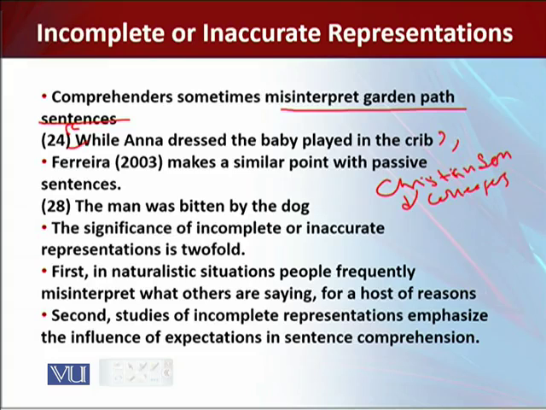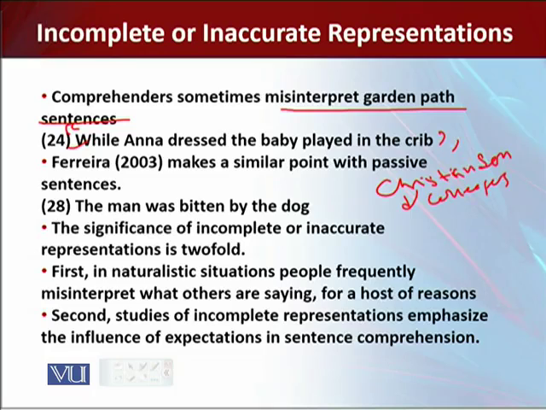As with other garden path sentences, it was noticed that comprehenders initially assumed that Anna dressed the baby. It is assumed that they re-examine the sentence and eventually correct this interpretation.